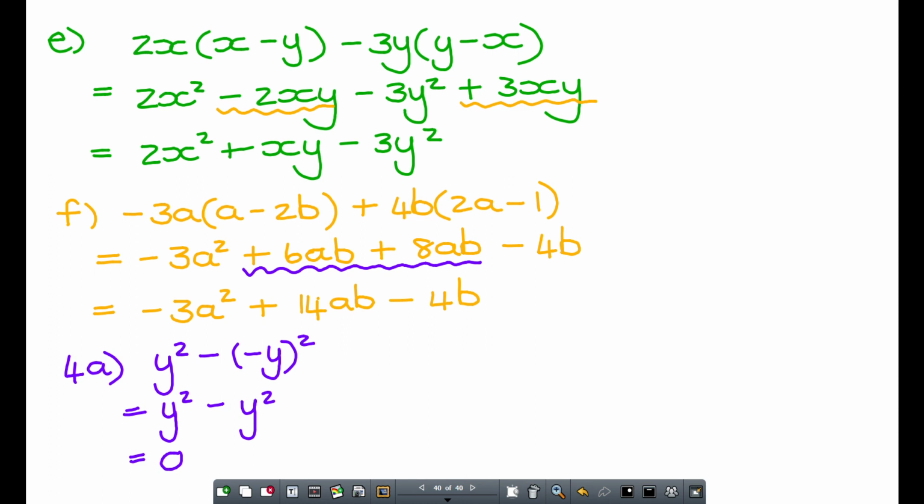Okay, have a look. Yesterday we said if I've got this, that's the same as minus y times minus y. And the minus times the minus will become a positive, and y times y, y squared.